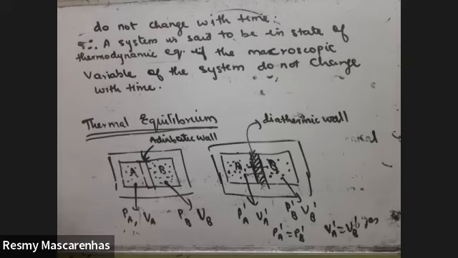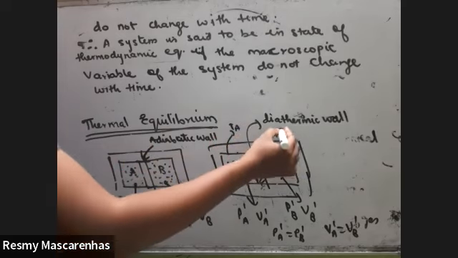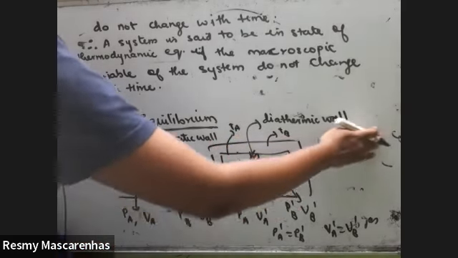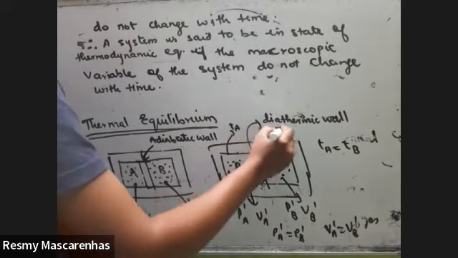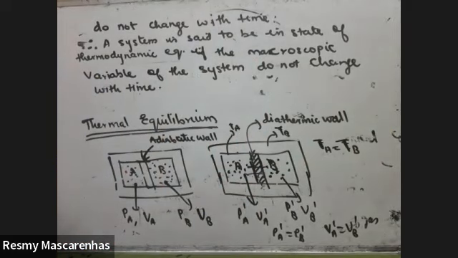Okay, if you want to represent it in terms of temperature also, if this is TA and this is TB, then the temperature of A will be equal to the temperature of B. We use capital T, no? So as per the definition, two systems are said to be in thermal equilibrium with each other if they have the same temperature, and then no more changes will take place in the system.